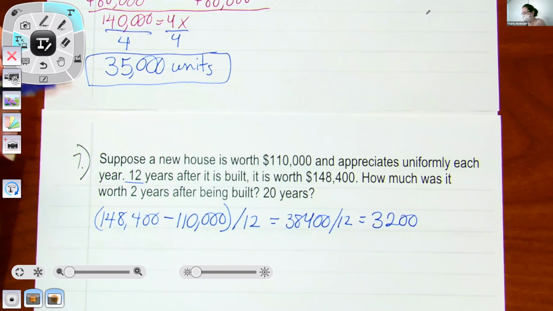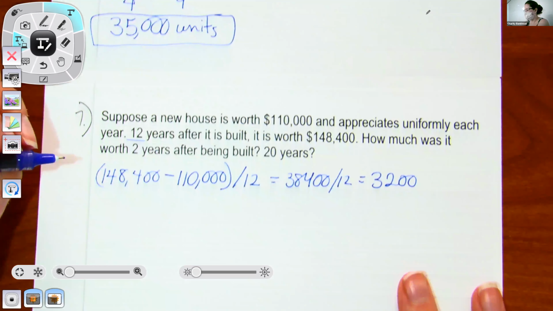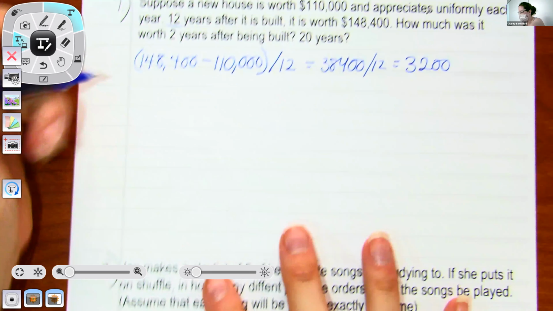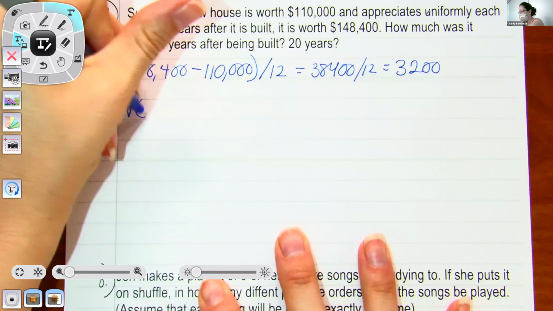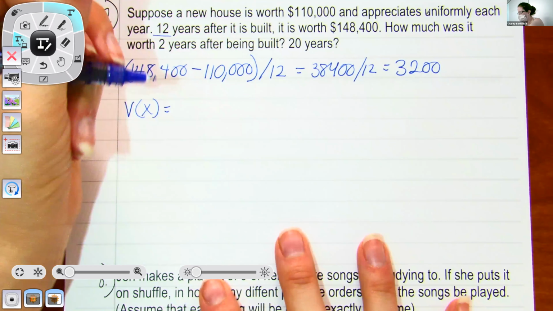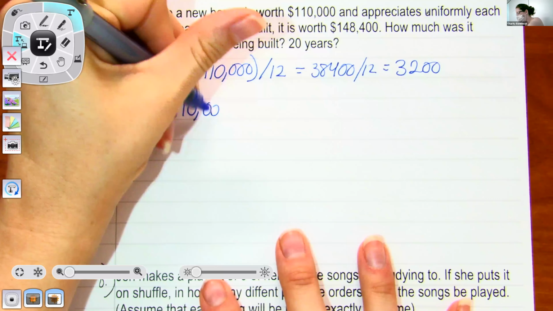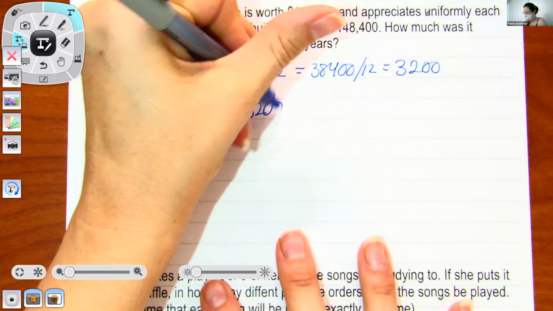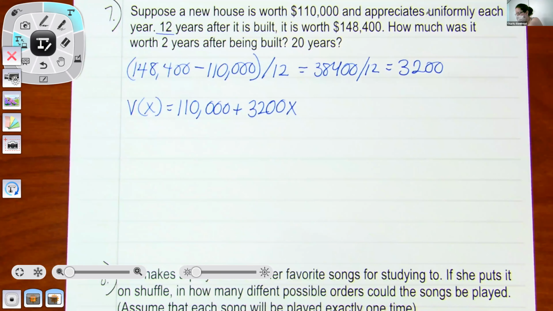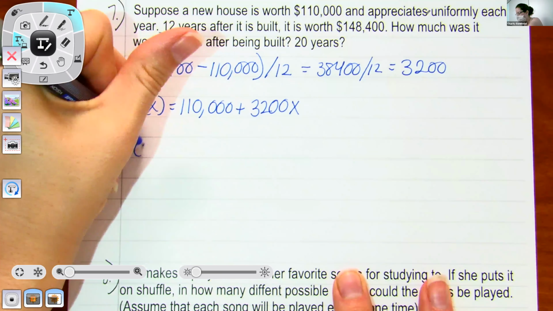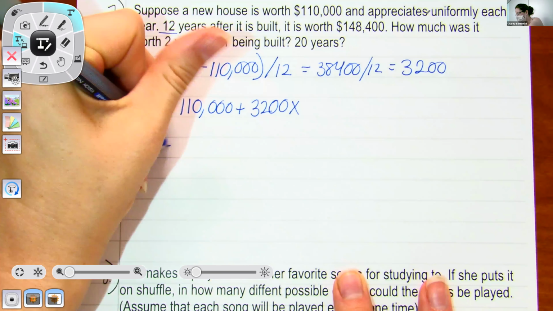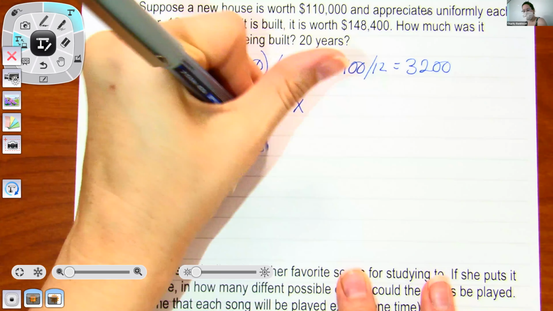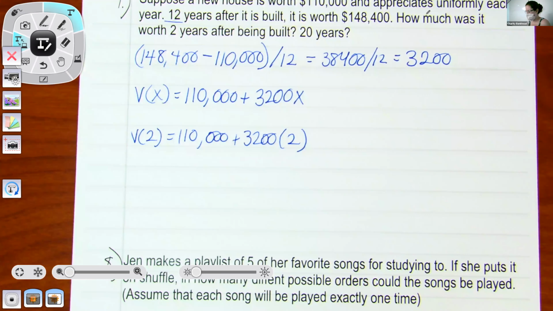So let's write down a model or an equation, like a function like we did before for the value. So the value, let's call it V of x, equals 110,000 plus 3,200x. So x is the number of years after it's built. So if we want to find out how much it's worth 2 years after being built, we're just going to plug a 2 in for that x. So 110,000 plus 3,200 times 2.